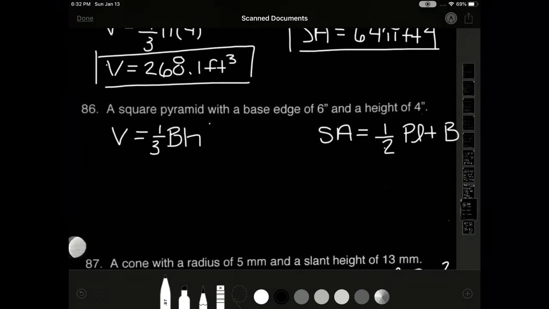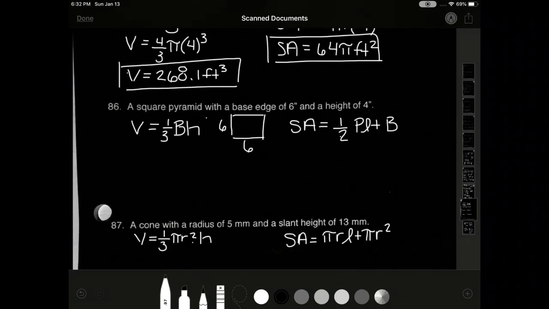For number 86, we have a square pyramid with a base edge of 6 inches and a height of 4 inches. The capital B in these formulas is the area of the base shape. Now, the base of our pyramid, it says, is a square pyramid, which means it's a square. So our sides are 6 in both of those. So for our volume, the base area is just 6 times 6.